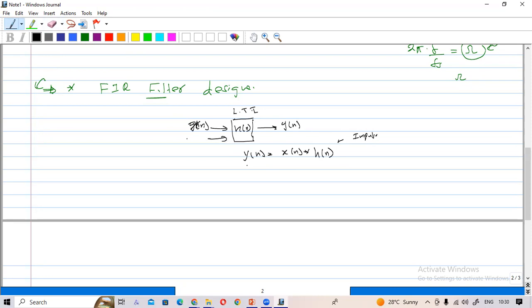That means if you give an impulse, delta n, to the system, the output is referred to as h(n), the impulse response.